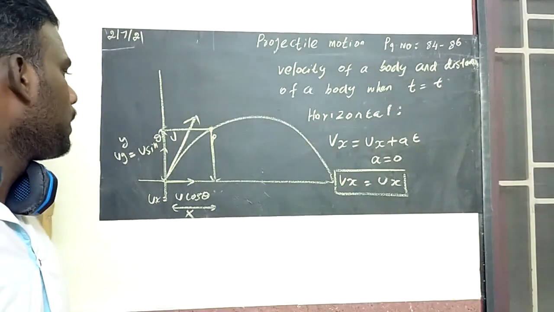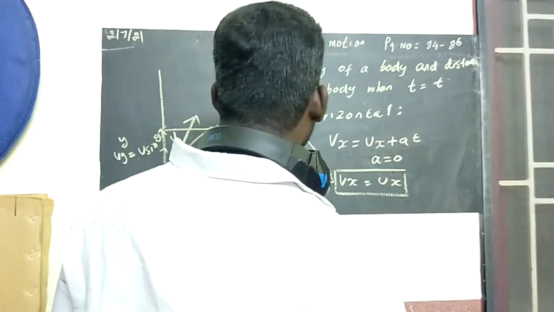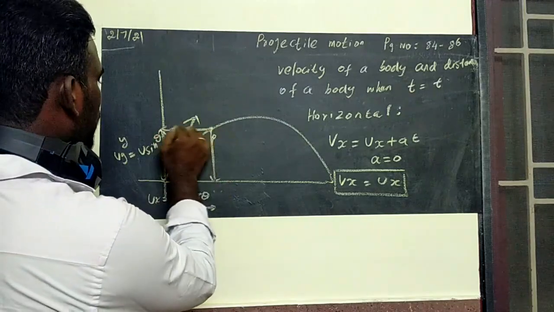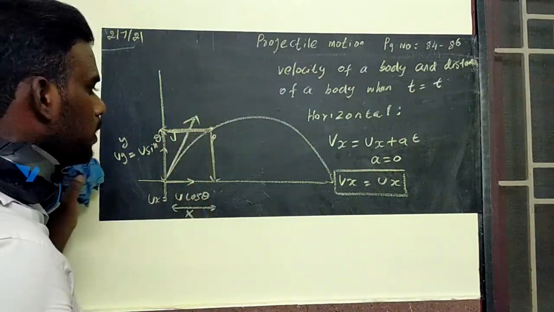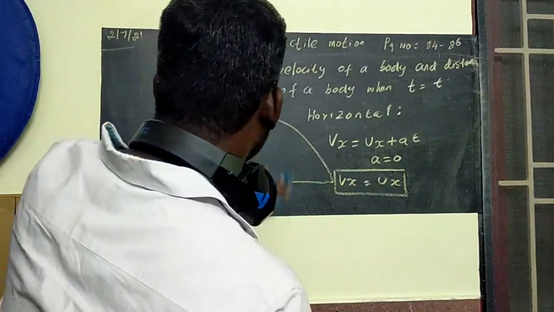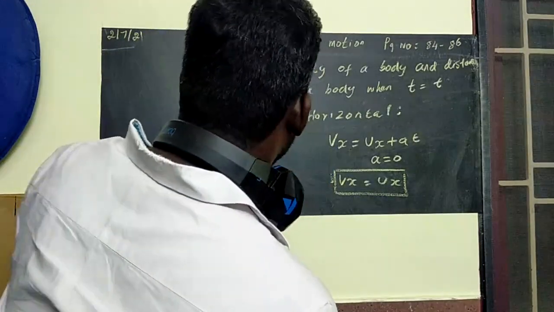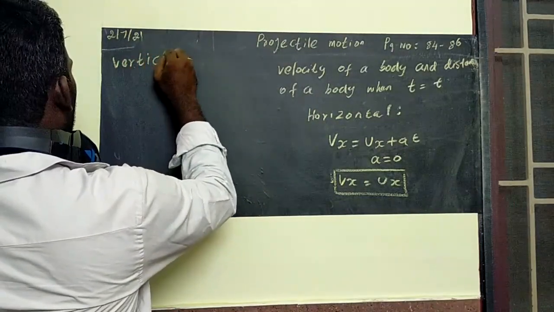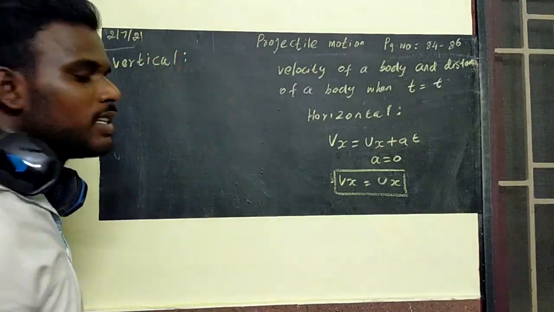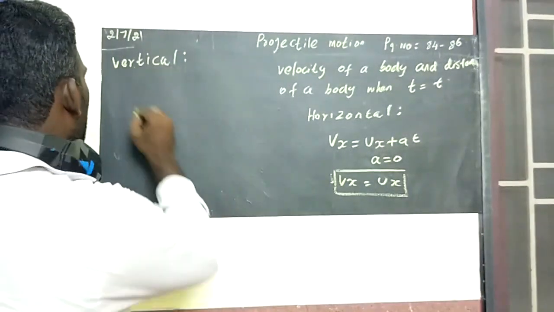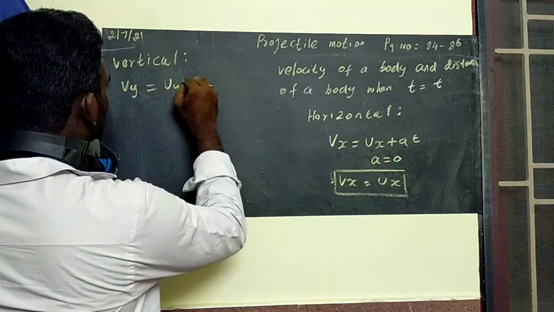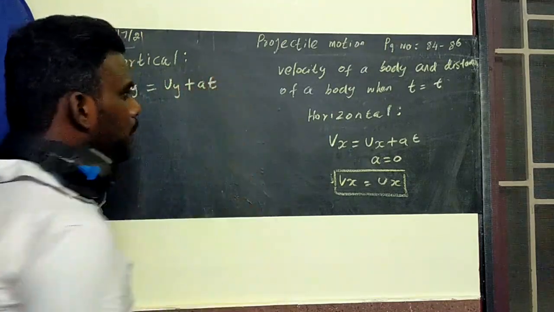Now the velocity of the body in the vertical after some time t. That will be vy equal to uy plus at.